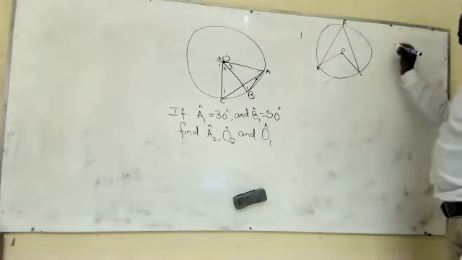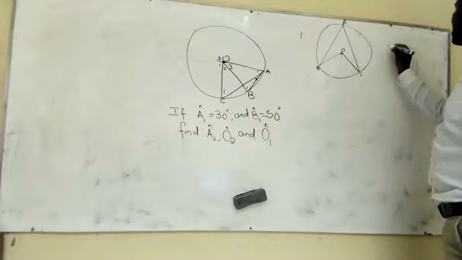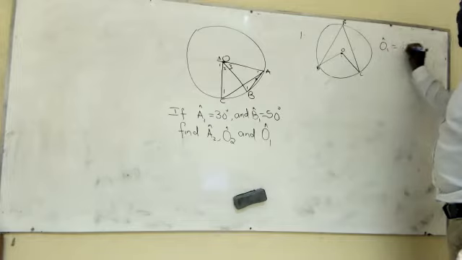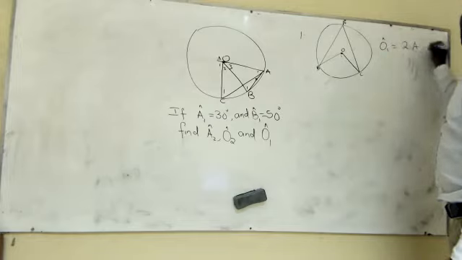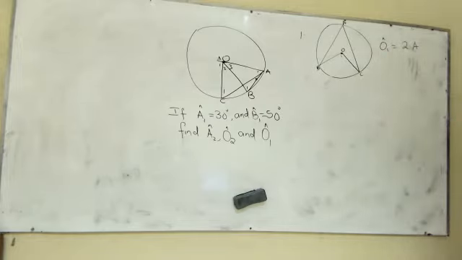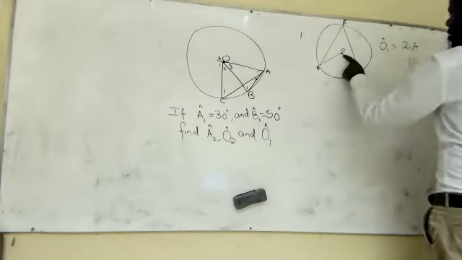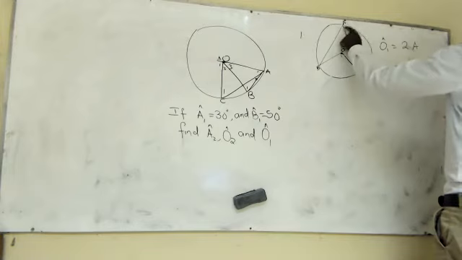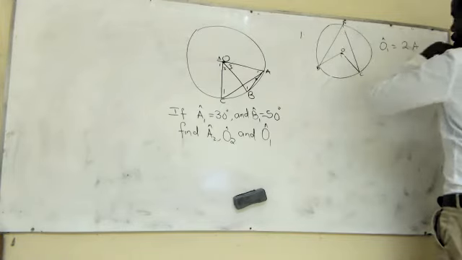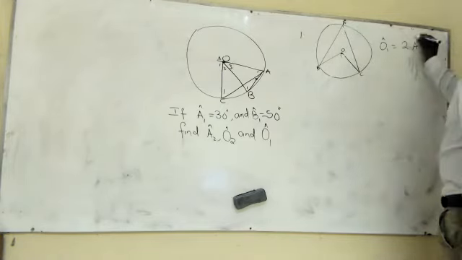This theorem says that the angle at the center of the circle is twice the angle at the circumference. At all times this theorem applies.